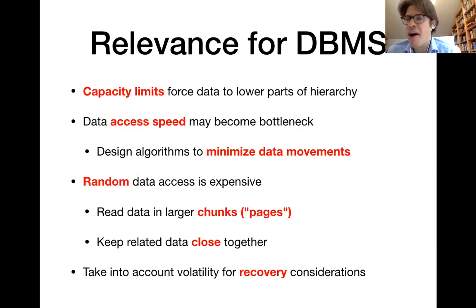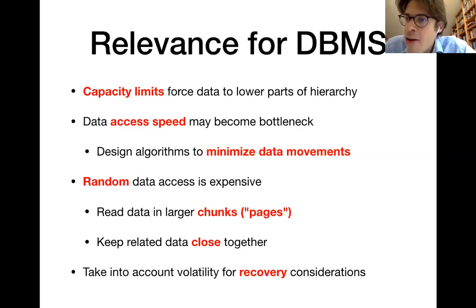Another property of those devices: we have often separated the bandwidth for reading and writing data from the time for accessing data that was located, for instance, somewhere on the disk. In order to access some random location in your data, you have to do things like rewinding the tape or repositioning your diskette, and those things cause quite some overhead. So random data access is often very expensive with those storage media.